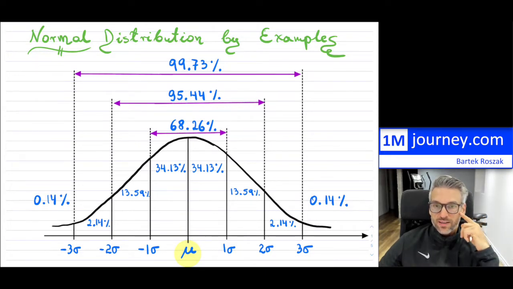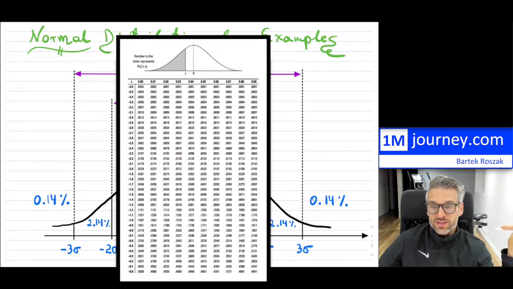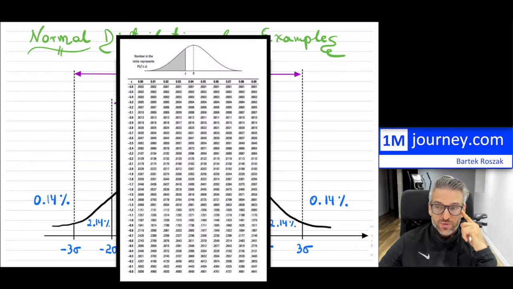Another way is to convert from your regular mean and standard deviation to the z-score, and there are tables, pre-calculated because they're so often used, so we can do that.